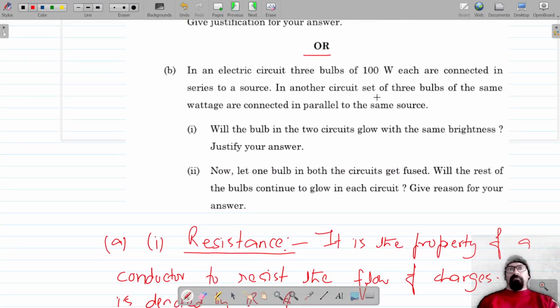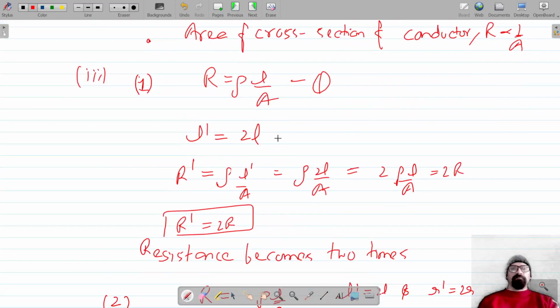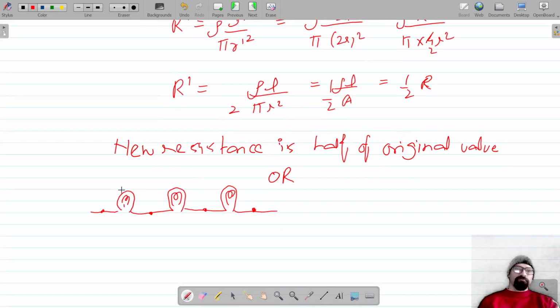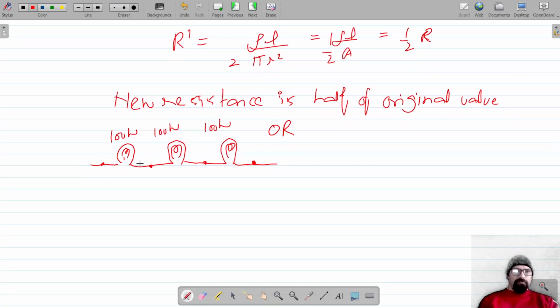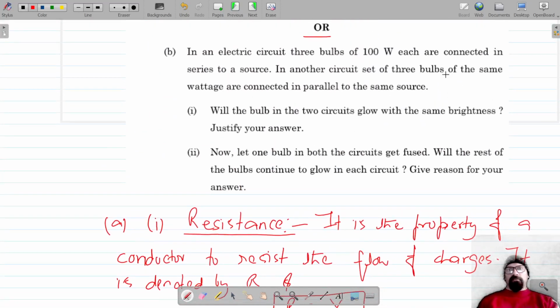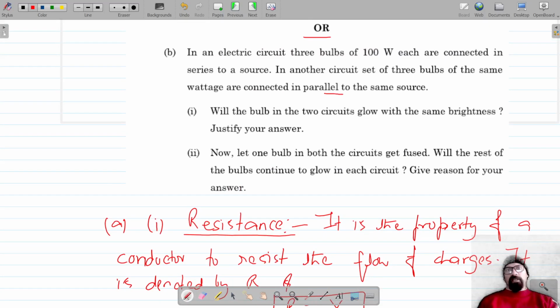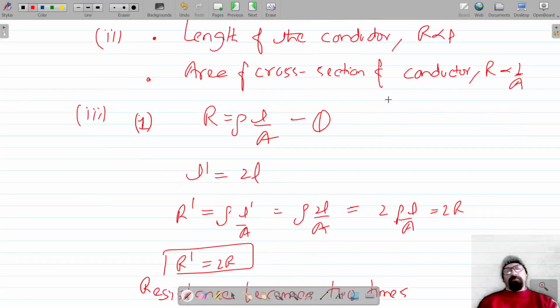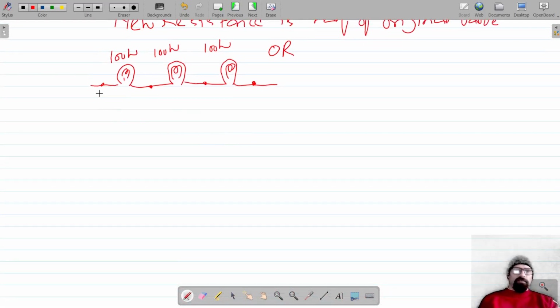And so these are of 100 watt each, and they are connected to one source. Let's say they are connected to a battery of voltage V.